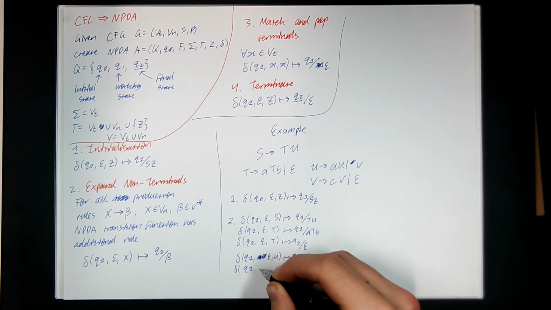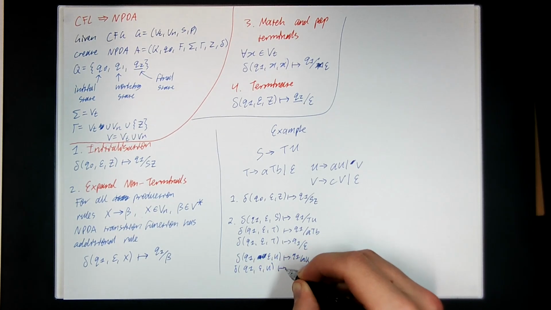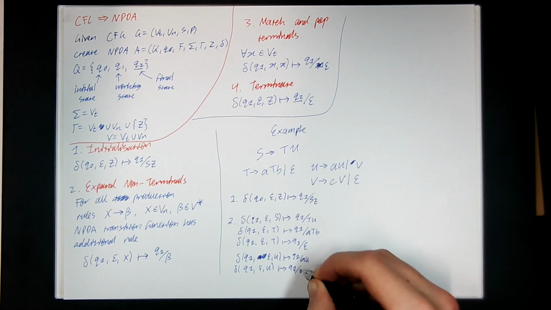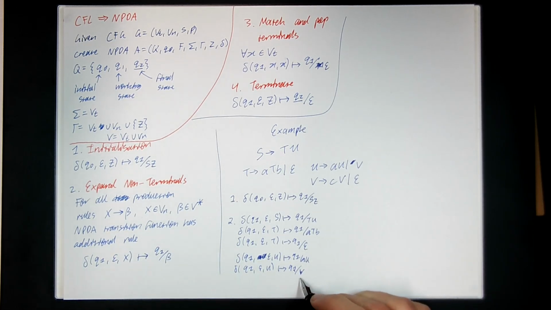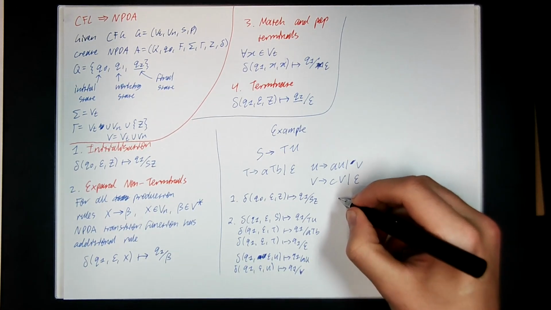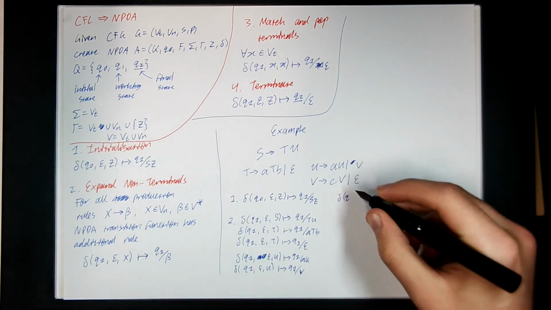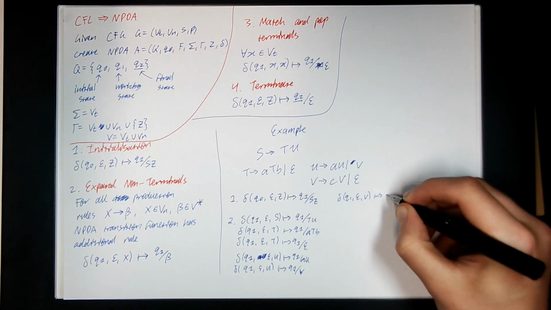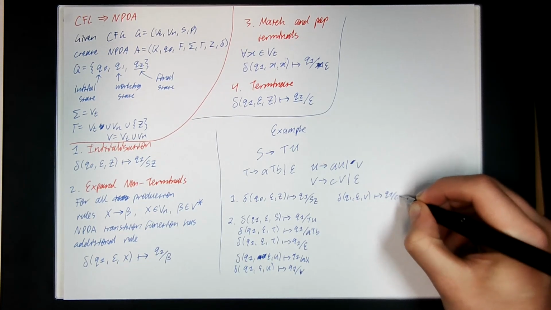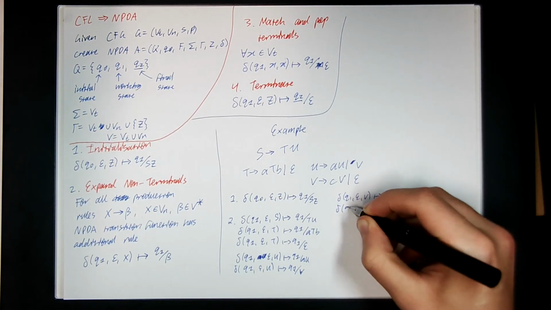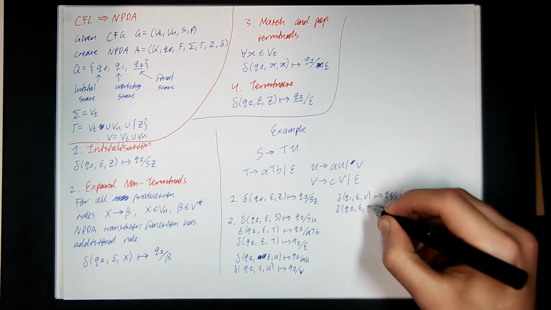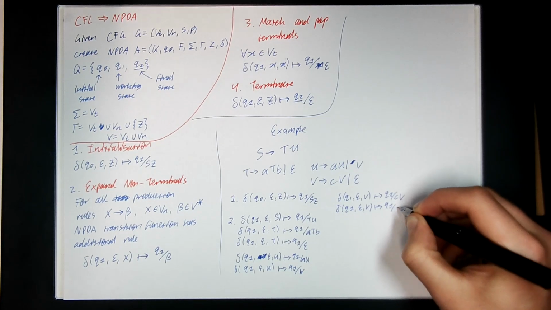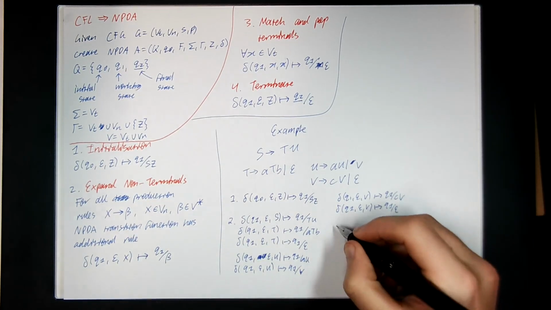It could also go to V instead: Q1, pop U, push V. Okay, we keep going. We now do the cases for V. Q1, epsilon, V transitions to Q1, CV. Delta Q1, epsilon, V can also transition to Q1, epsilon. Okay, so that's expanding everything.